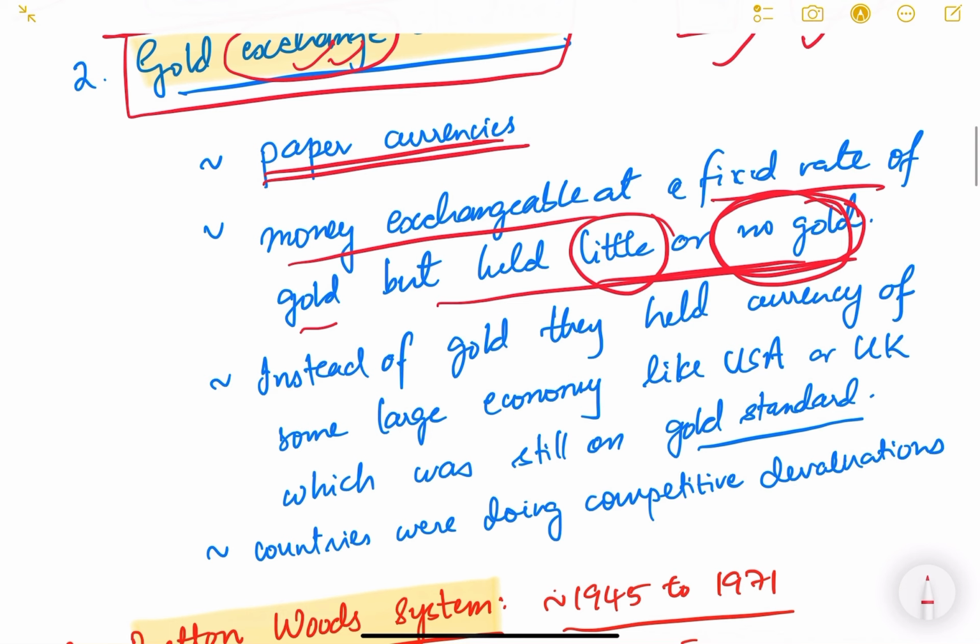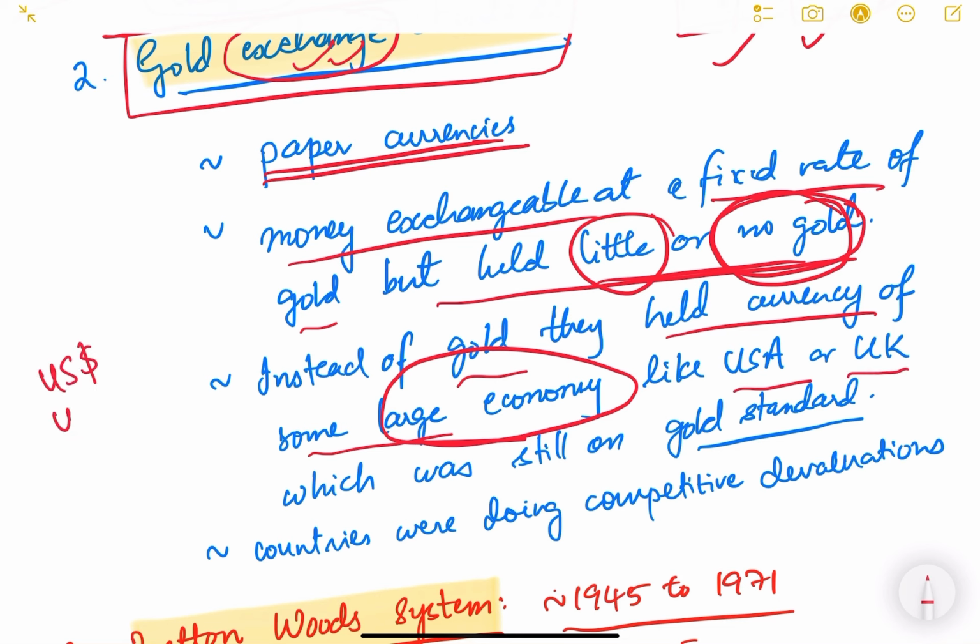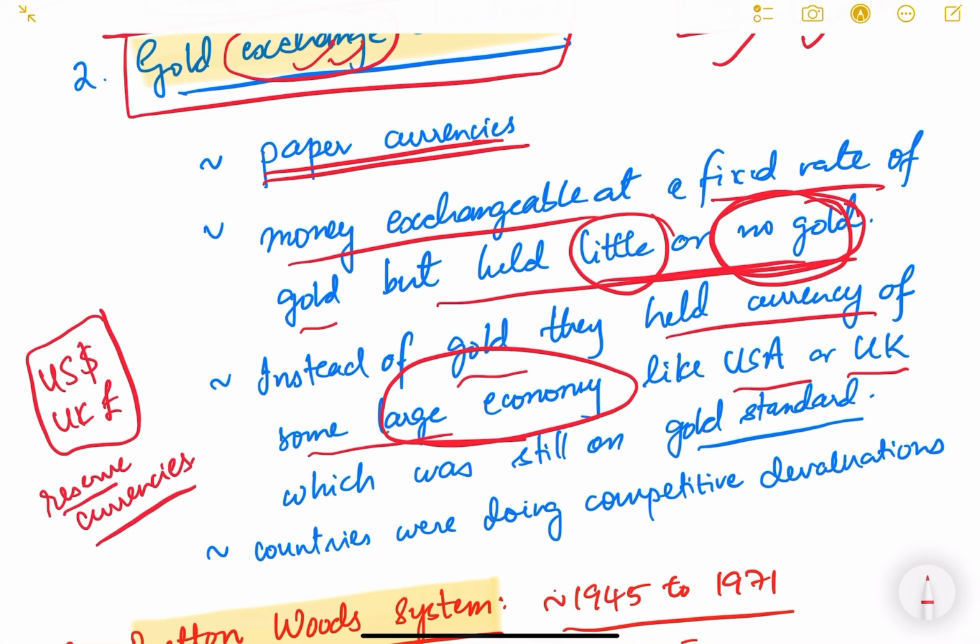Instead of gold, they held currencies of some large economies like USA or UK. So see, now the US dollar and UK pound became the reserve currencies. So instead of gold as reserves, countries could hold the currencies of these big countries.